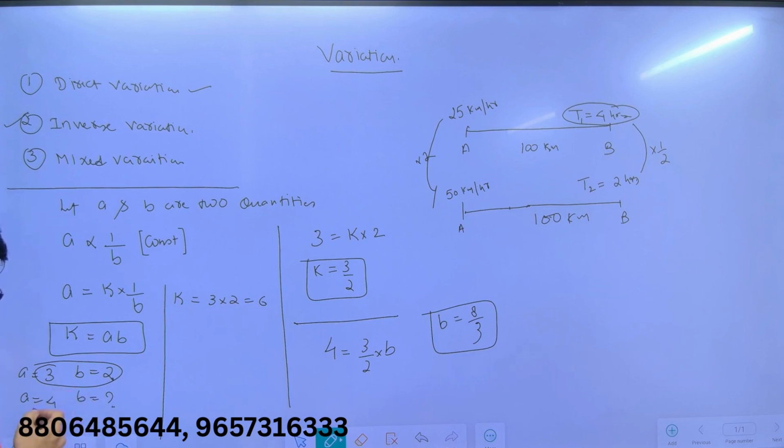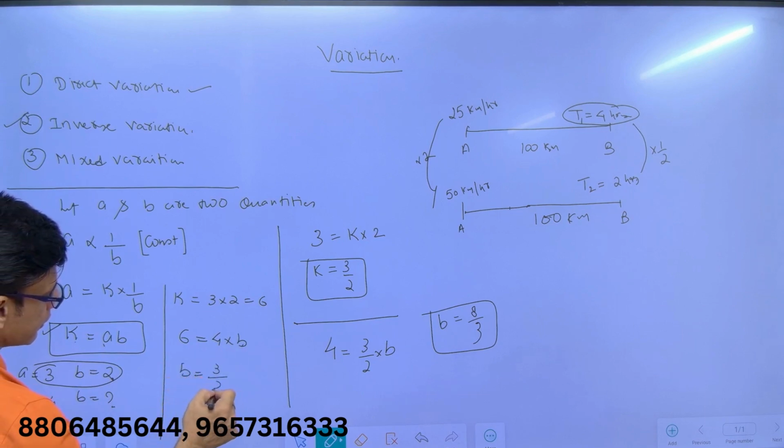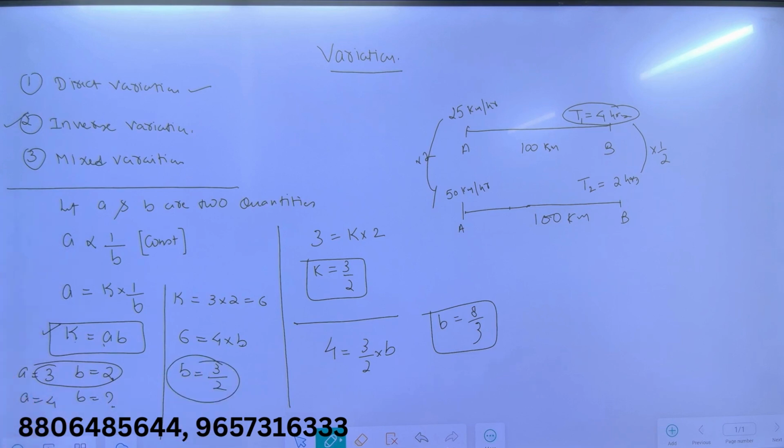Now you are supposed to find the value of B when A is 4. So again substitute back in this. K is already known to you, which is 6. A is 4. So B is equal to 6 by 4, which is 3 by 2. Right? Not 24, 3 by 2.